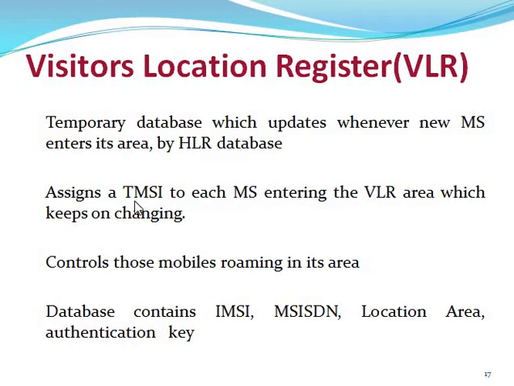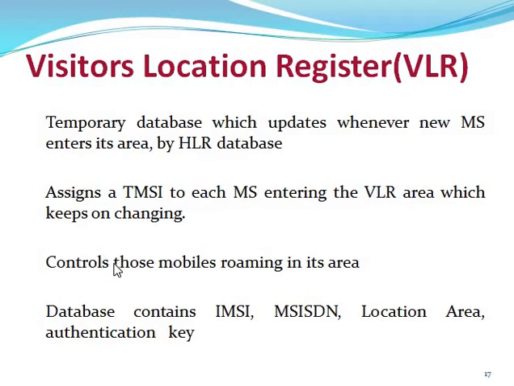A TMSI is assigned to each mobile entering the VLR area, and it keeps on changing. If you move from one network to another, the visitor location register manages and passes the information to the home location register. It controls mobiles roaming in the area.